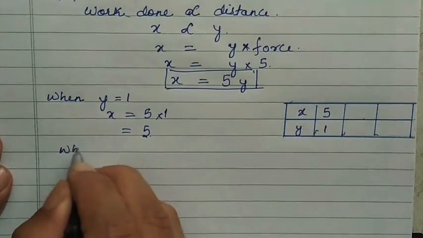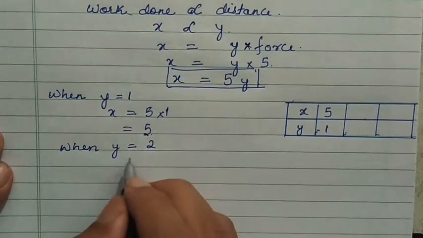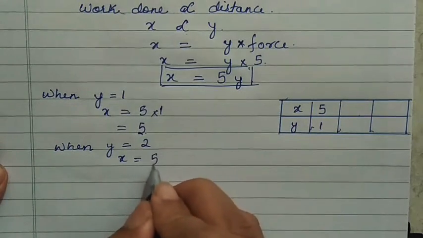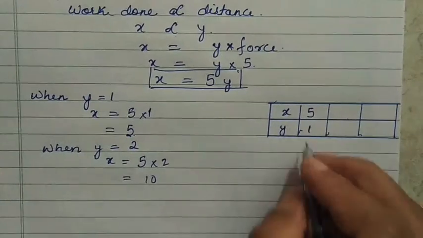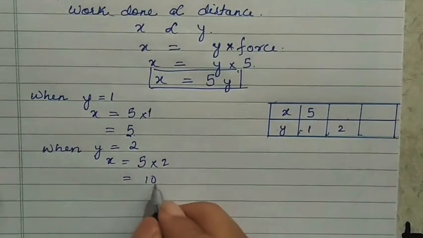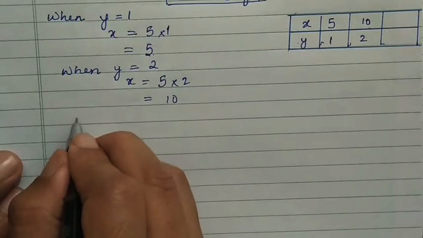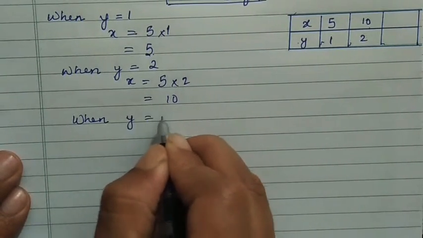Then when y is equal to, let's say 2, x will be 5 times 2, so it is 10. When y is equal to 2, x is 10. Again we can take any value. This time let us take y equal to -1.